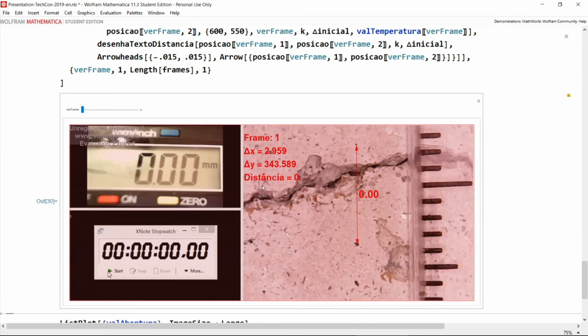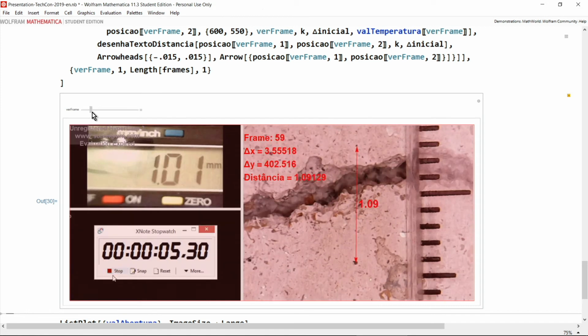So here we have the video, and we have the information about the distance. In the first frame, we have 0 distance between the points. So the crack is at the initial state, and we can go through the frames.